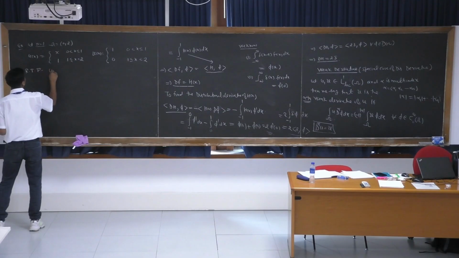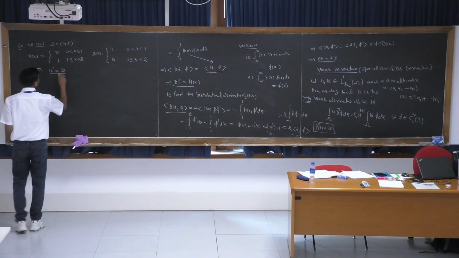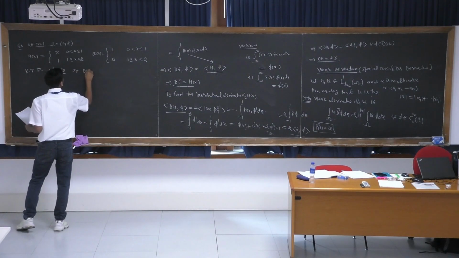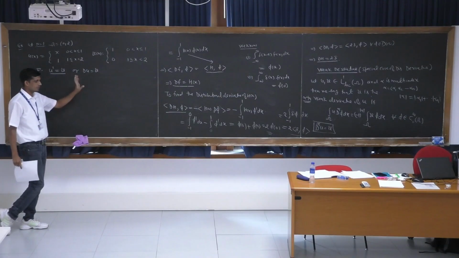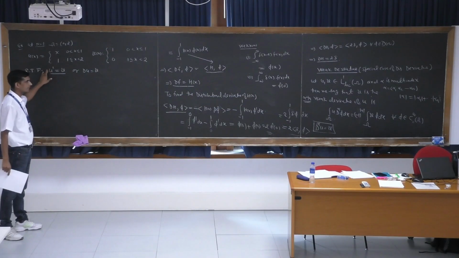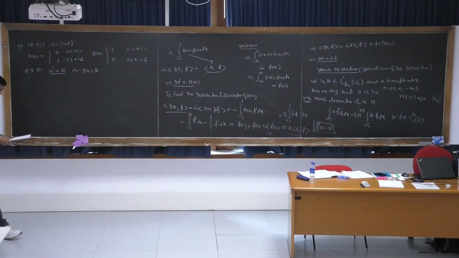We have to prove that Du is equal to v. In some sense, D denotes here the weak derivative, and this is also a weak derivative, not the classical derivative.